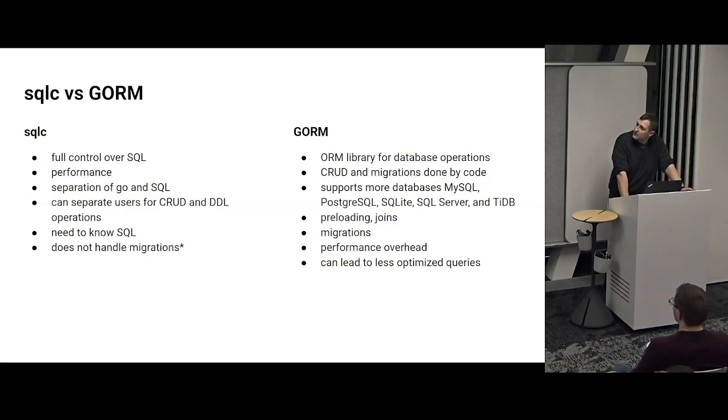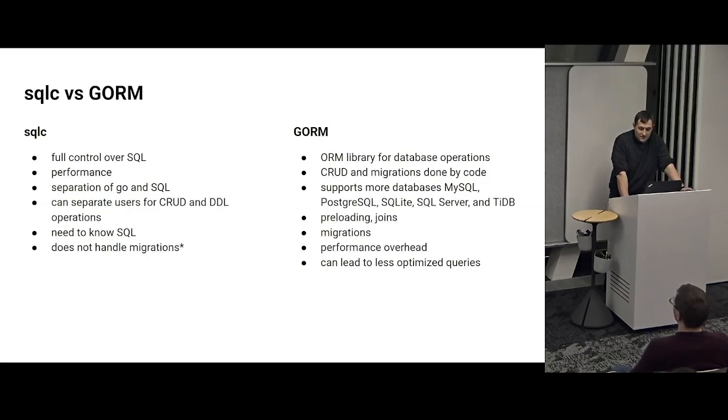Like I said, Golang Migrate probably. And for that you can be pretty sure that the application can only do the CRUD when you run it. You don't have to give it any more privileges than that. Downside, you need to know SQL, but there is a workaround around it. I'll talk about it later. And you need to figure out how to handle migration, which I will show you a little bit later.